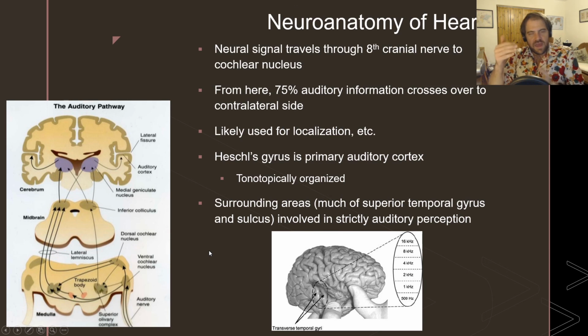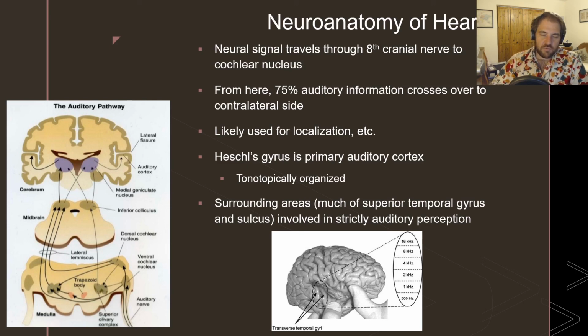That shows tonotopic organization of Heschl's gyrus. So you would expect that if an area on the cochlea that corresponds to 500 hertz is active, the area in Heschl's gyrus that corresponds to 500 hertz would also be active.